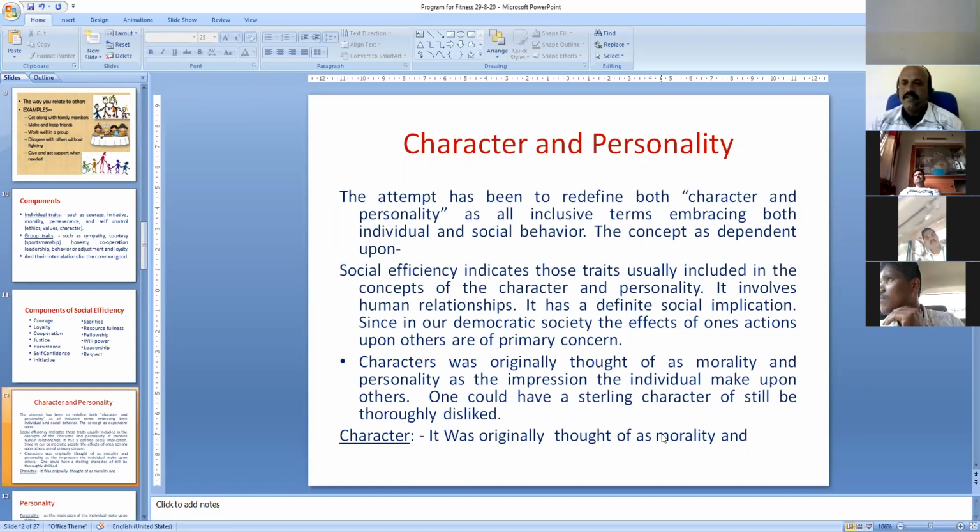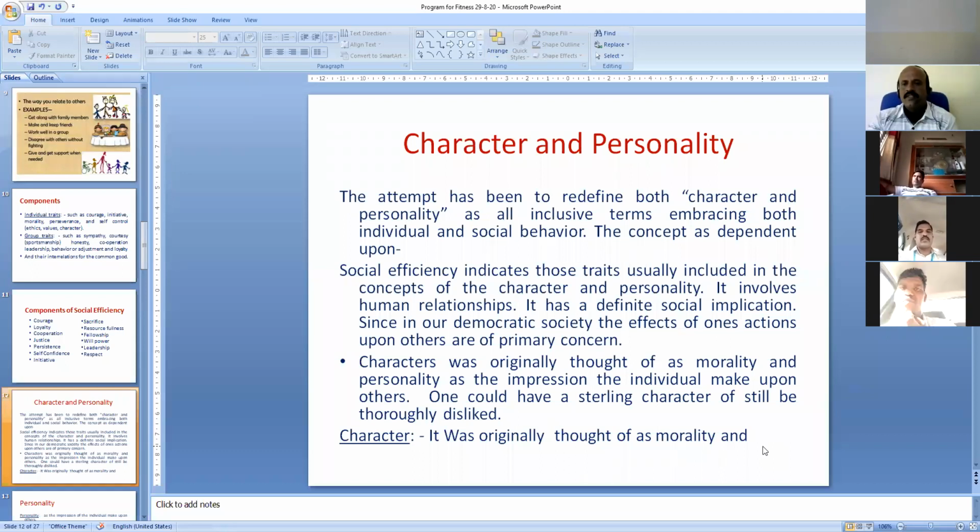What is the thinking of others by seeing you, by your behavior, or by the way you approach people? All these things decide your personality: the decision, the knowledge, and the appearance. So many things are involved in personality.